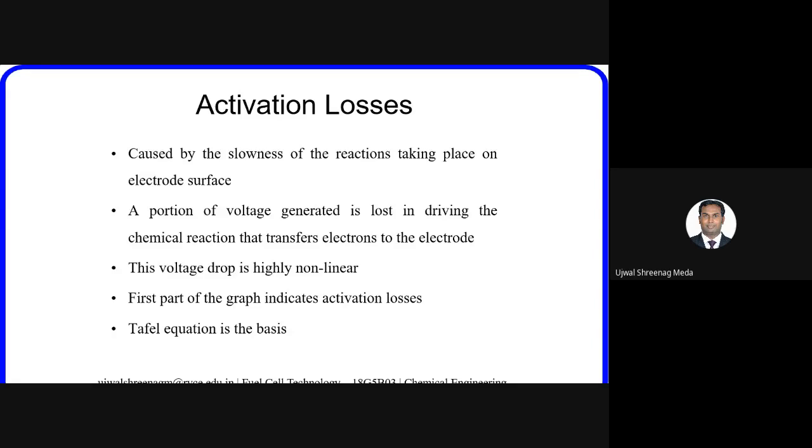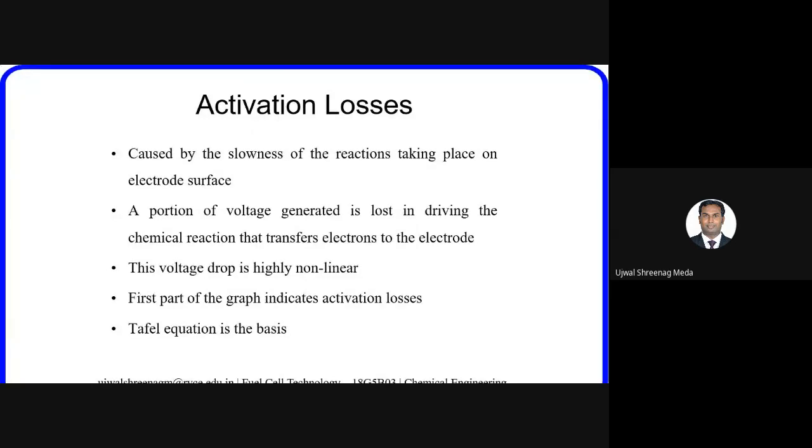Part of the voltage of the fuel cell is always consumed in driving these reactions, and this loss is listed as activation loss. From an IV curve, we can get information about activation losses.